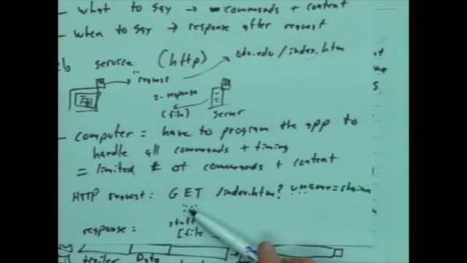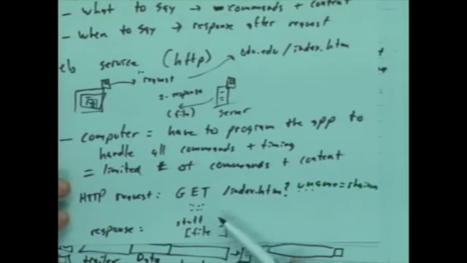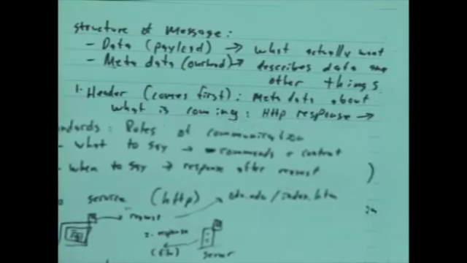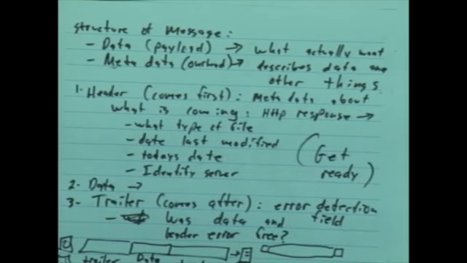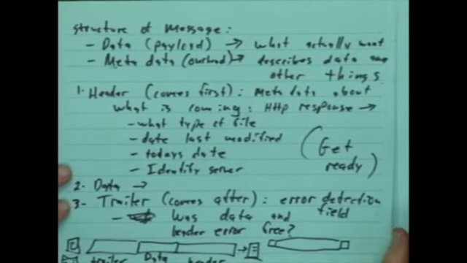Some of this stuff in here is going to be what kinds of files will I accept? That might be where my cookies come in. But anyway, that stuff is going to come in the header. Then if I posted a file, that would come down below. That's all right. So header, trailer.